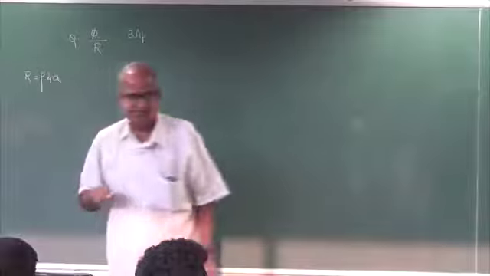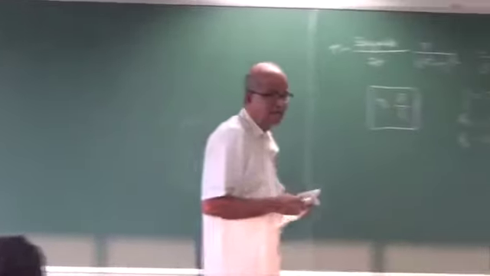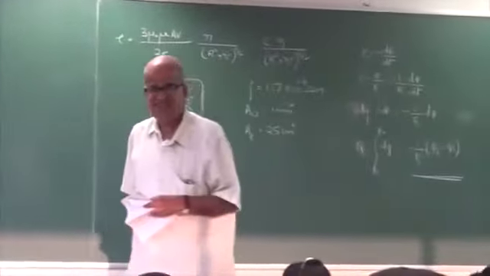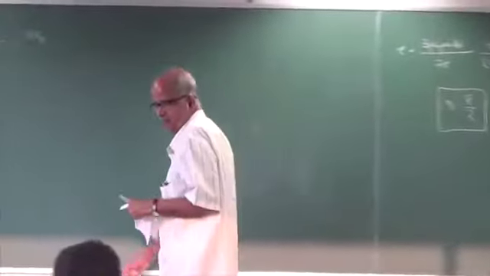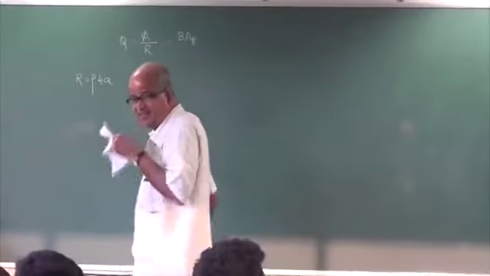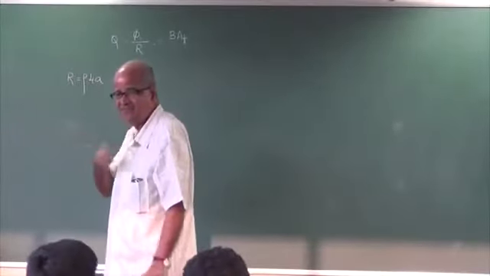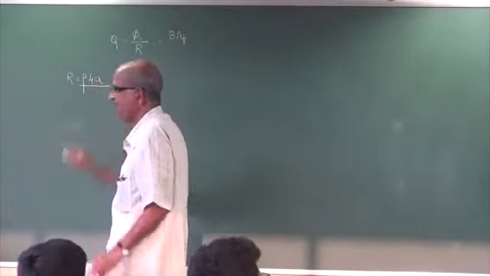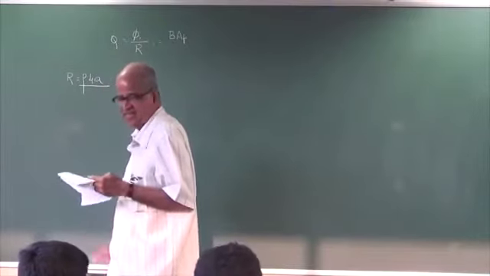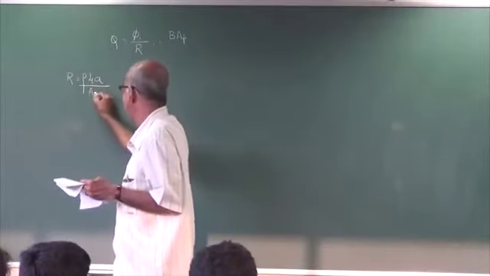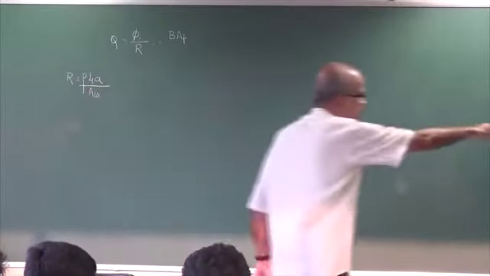Will you agree? He says it is a square frame, no? So if a is the length of the side, total length of that will be 4a divided by cross-sectional area, which I have called as AW here. Okay?